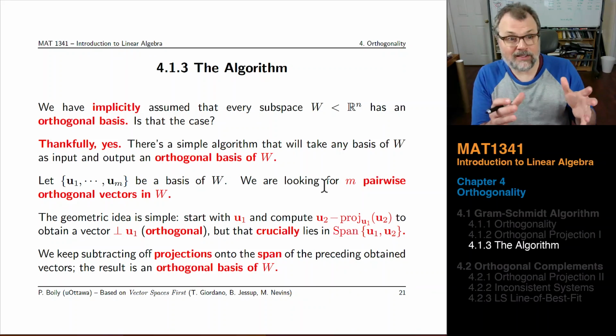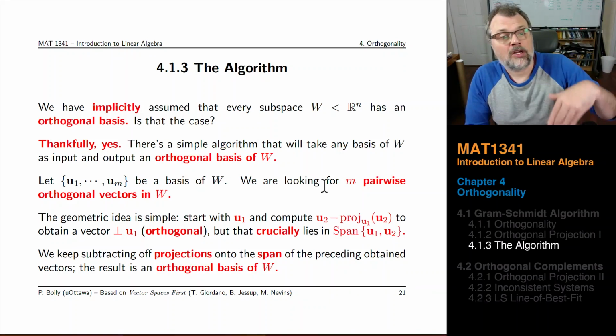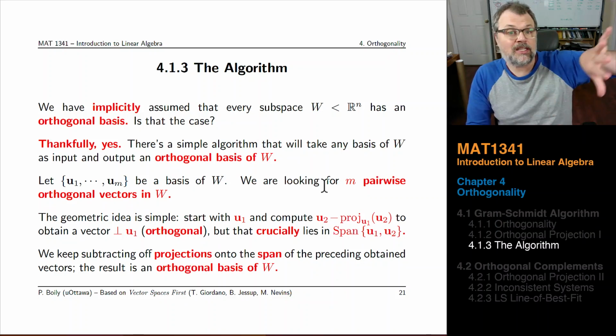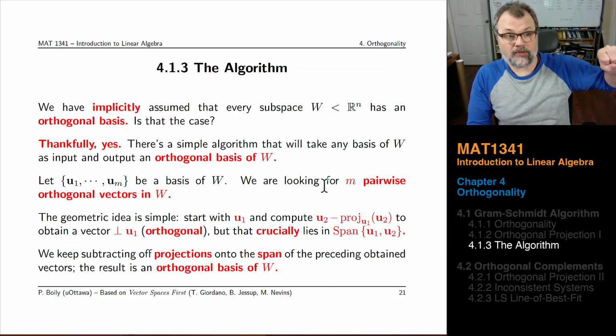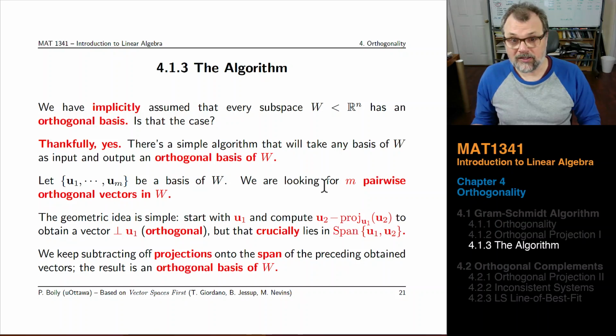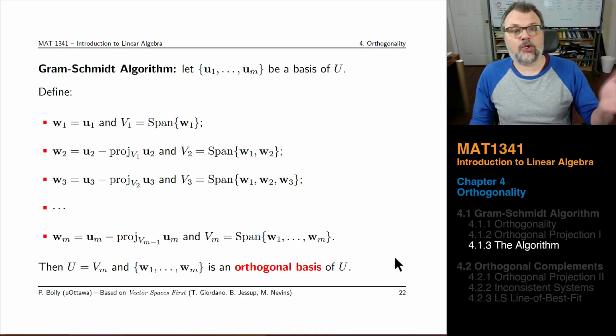That's the basic idea. You keep on subtracting off projections onto the span of the preceding vectors that you obtain. And the result is an orthogonal basis for the subspace W. So here's the algorithm. You have a basis u1 to um.